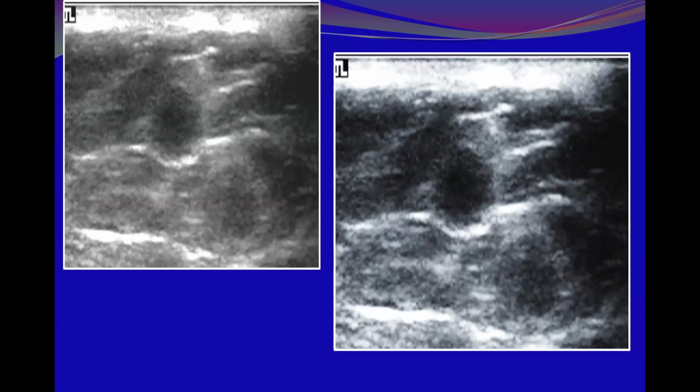Can you tell me how you are going to grade this mass? Is it going toward benign or toward malignant, and why?